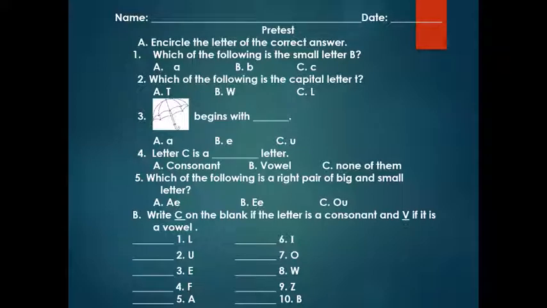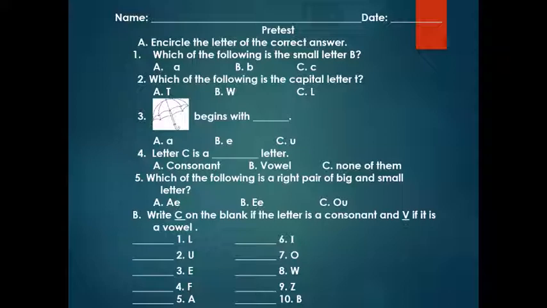Number 3. Umbrella begins with blank. Okay, what letter? Letter A, letter B, E, letter C, U. Okay, number 4. Letter C is a blank letter.